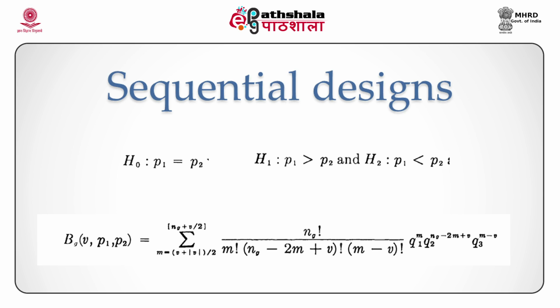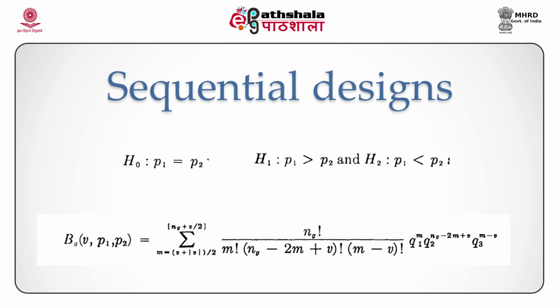Summation m equal to nu plus mod nu by 2 to n_nu plus nu by 2, n_nu factorial by m factorial, n_nu minus 2m plus nu factorial, m minus nu factorial, q1 to the power m, q2 to the power n_nu minus 2m plus nu, into q3 to the power m minus nu.